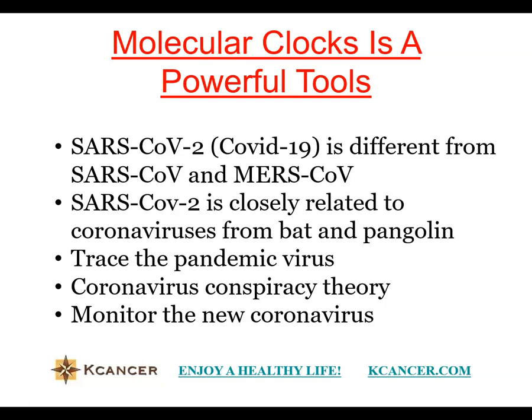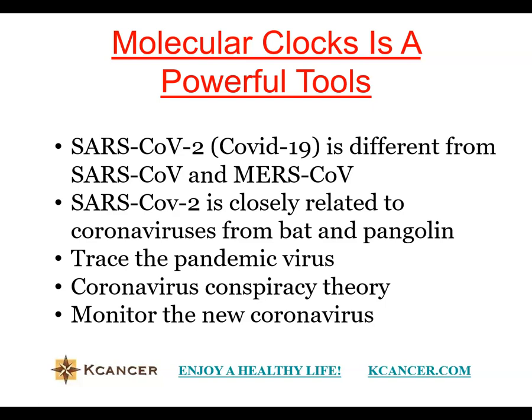They are the same virus, but you can see the virus that went to European countries and the virus that went to America are different, because they need to adapt to the environment and to different populations. They are the same virus, but they need to modify themselves. So these molecular biology tools will be very powerful to trace this pandemic virus. Again, we know where this virus comes from, and we know where this virus goes.